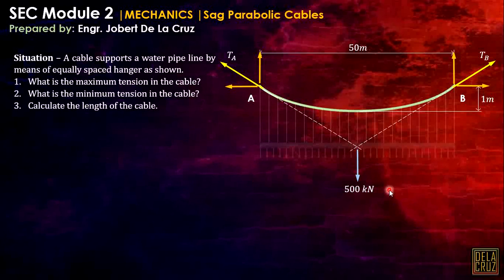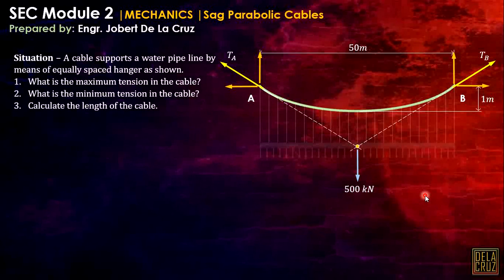They are concurrent forces. By knowing this, we can solve TA and TB directly by summation of forces vertical or summation of forces horizontal. It is like using the method of joints in a truss at this point.